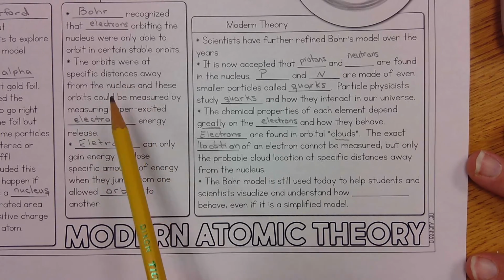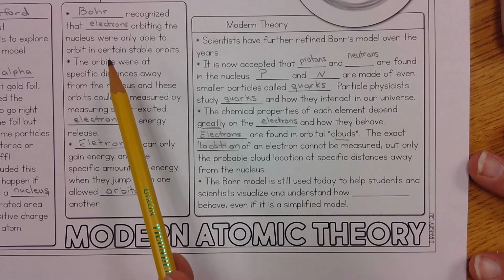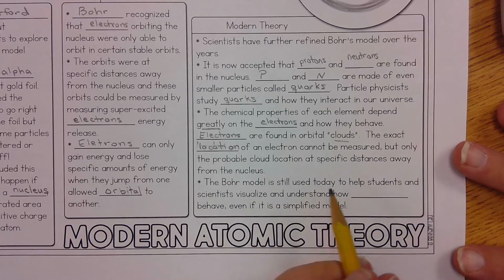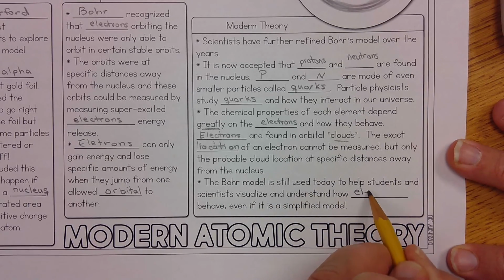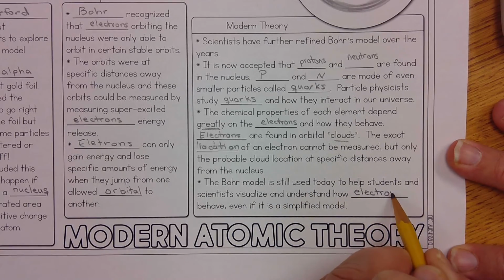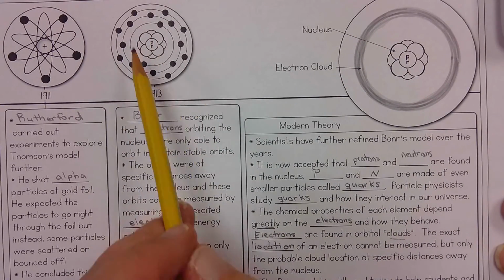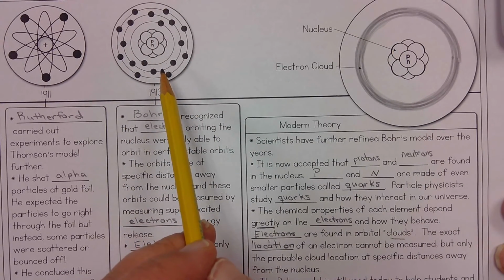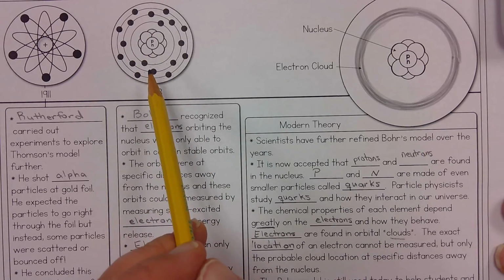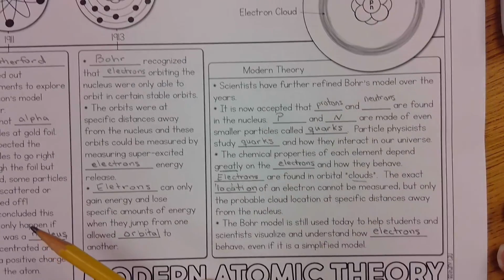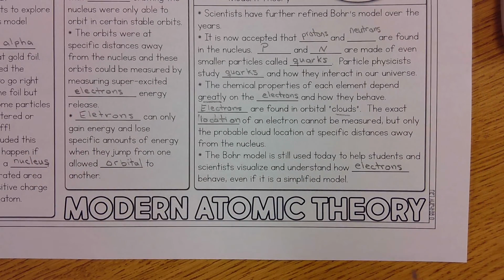We still use the Bohr model a lot as a visual to understand electrons, but it is a very simple model. But we will talk about it in a lot more detail because it is very helpful to visualize an electron in that way. Okay? So just some more modern ideas about the atom.